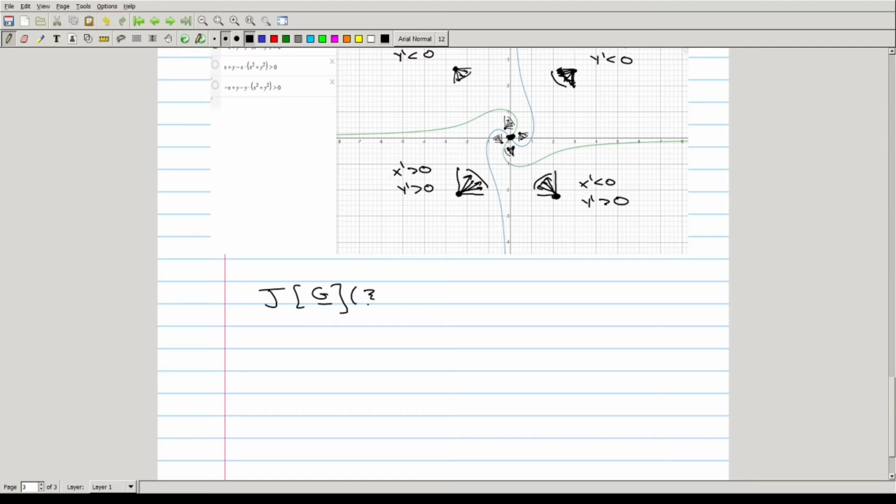The Jacobian matrix, first and foremost, we will evaluate at this critical point. If we go through and evaluate the Jacobian matrix of our system, it becomes negative 3x squared minus y squared plus 1, 1 minus 2xy, negative 2xy minus 1, and negative x squared minus 3y squared plus 1.